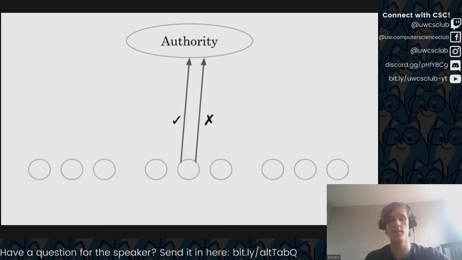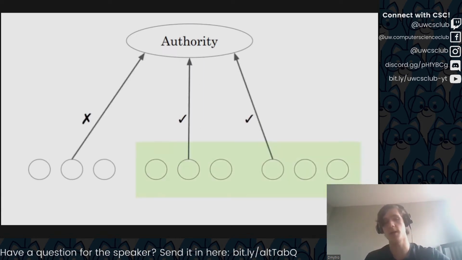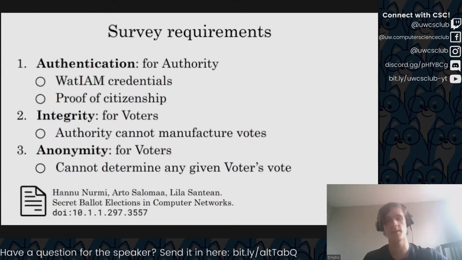And another thing you often want to ensure is that the votes only come from some subset of the population of people in the world. Let's say if you're running a WUSA election, you want to ensure at least that the participants are Waterloo students, and probably more things as well. And so that is one of the requirements for running a useful survey.